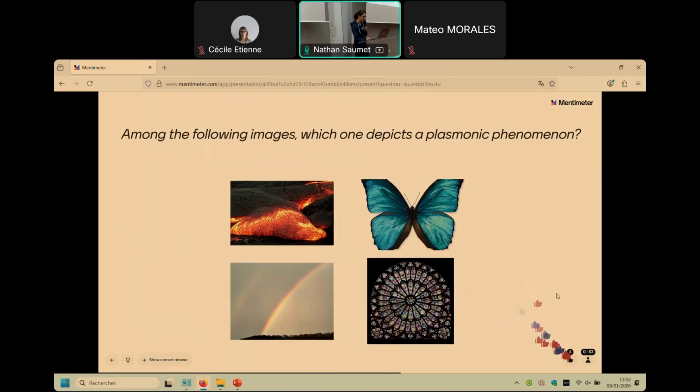The next question is this one. Among the following images, which one depicts the plasmonic phenomenon?